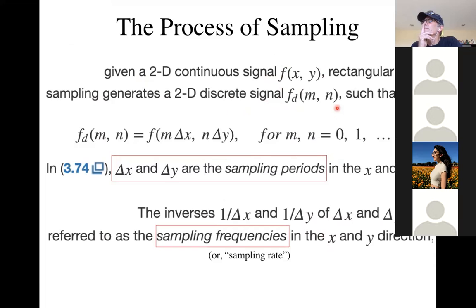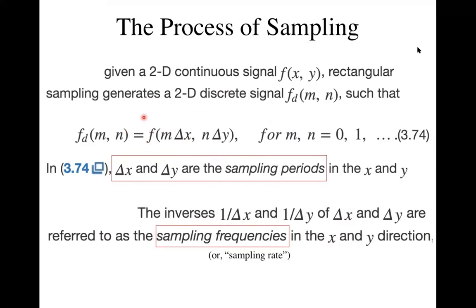These are just discrete numbers that are indexed by m and n, such that the relationship between those numbers and the function is the following, where this is the sampling period, m is the index of how many steps across the function we're taking, and n is how many steps down vertically we're taking. And so we've replaced our continuous function f of x, y with these discrete samples of that function.